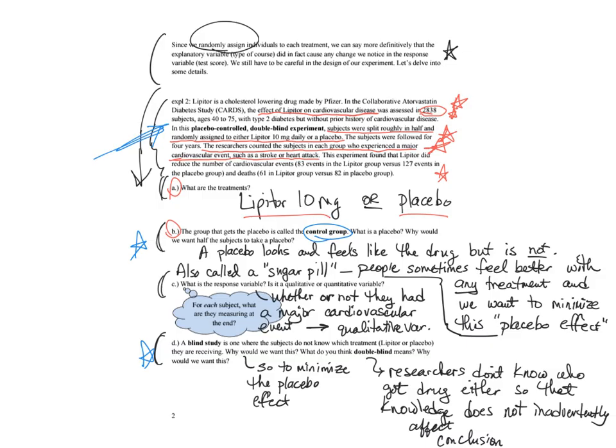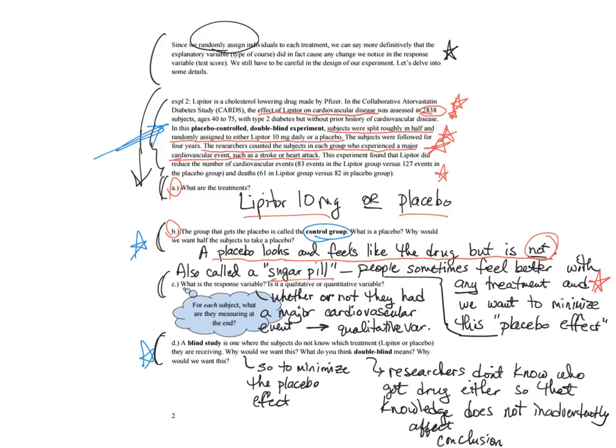Now, perhaps you know this already, and perhaps this is new to you. A placebo basically looks and feels just like the drug, but it is not. It's also called a sugar pill sometimes. You might be aware that people sometimes feel better with just about any treatment. Mind over matter, right?